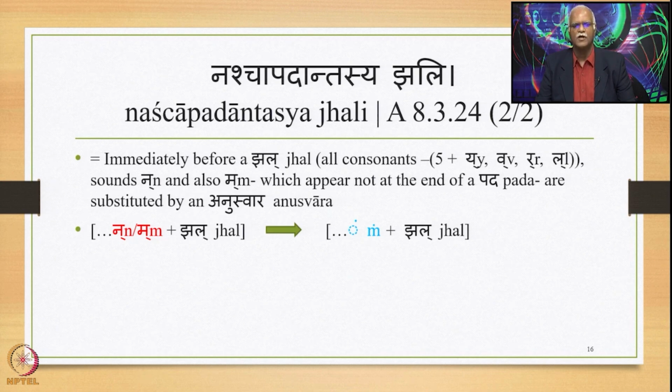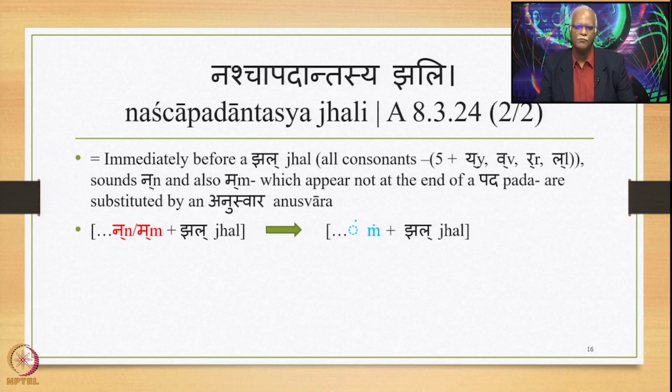I repeat, immediately before a jhal, sounds na and also sounds ma, which appear not at the end of a pada, are substituted by an anuswara. So immediately before a jhal, that is jhali, sounds na and ma, naha and maha and cha, which appear not at the end of a pada, apadantasya, are substituted by an anuswara, anuswaraha. This is the meaning of 8324.